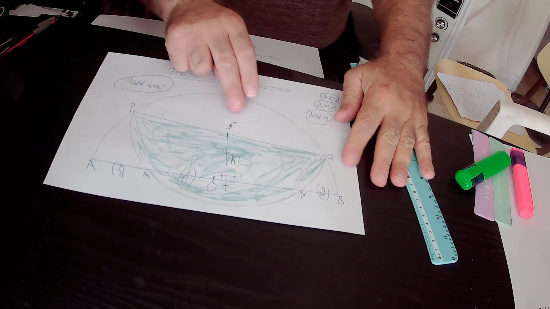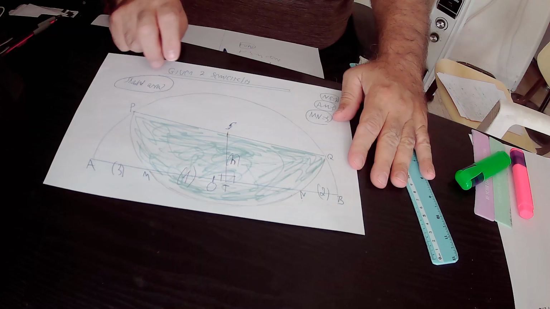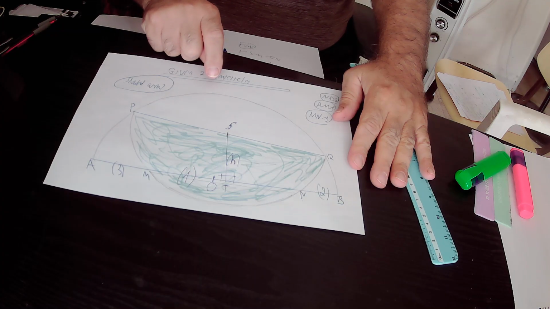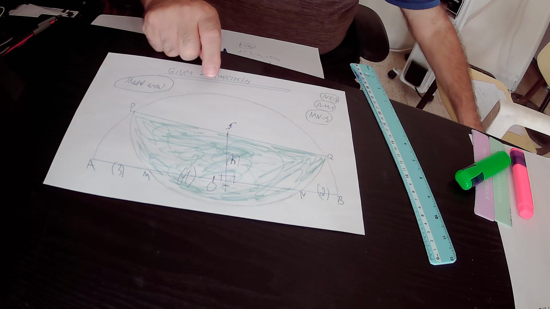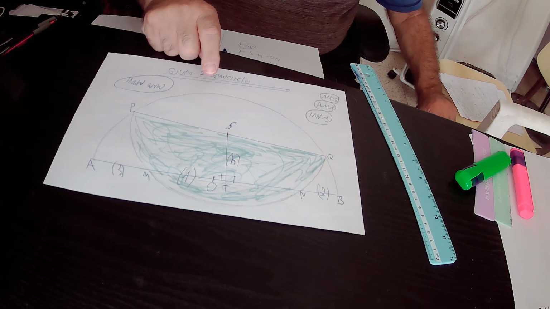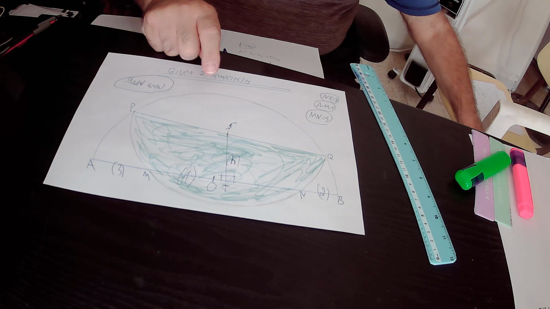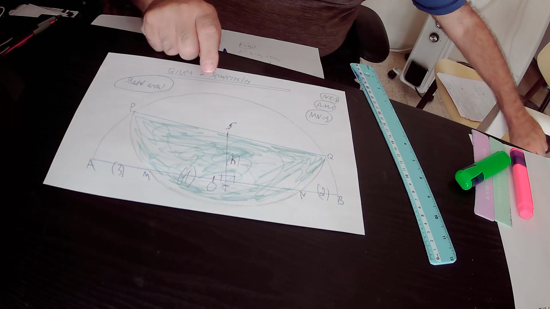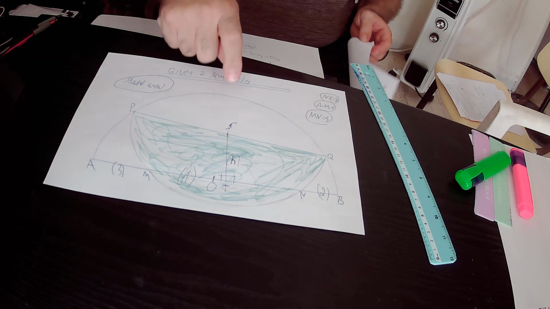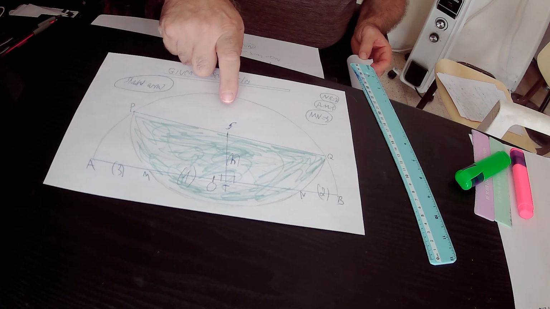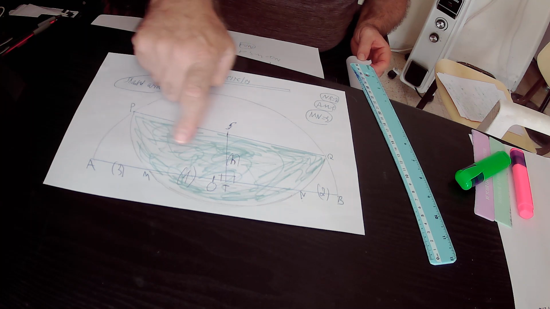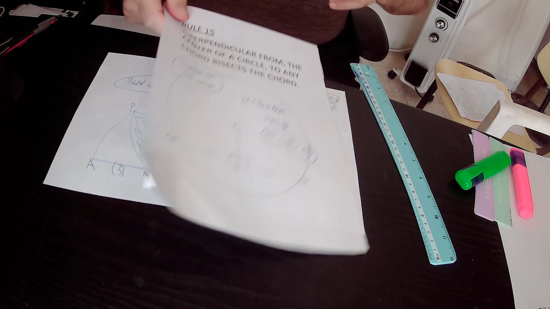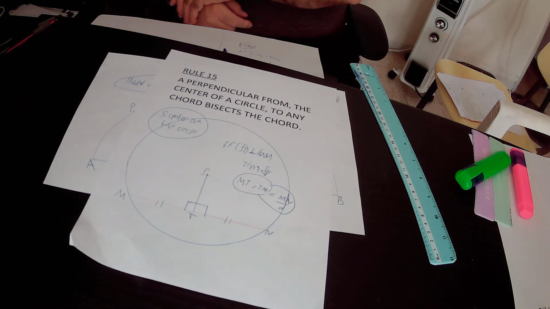From point S, that is the center of this semicircle, we draw, actually it is not rule 30 but rule 15. From point S we go perpendicular on MN. So here we can implement rule 15.